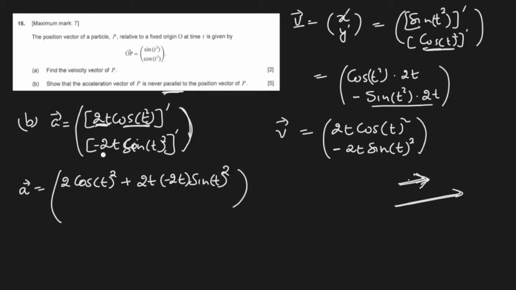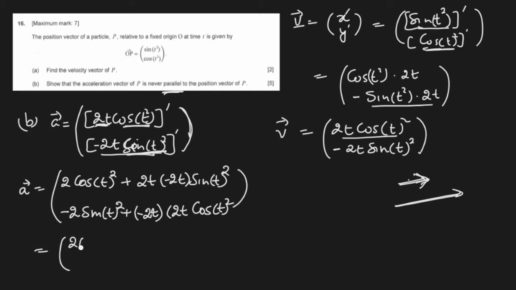Now the differentiation of minus 2t will be negative 2 sine t square, and then we have plus minus 2t will remain minus 2t, and the differentiation of sine t square, we did it here, we got 2t cos t square. Let's simplify this.